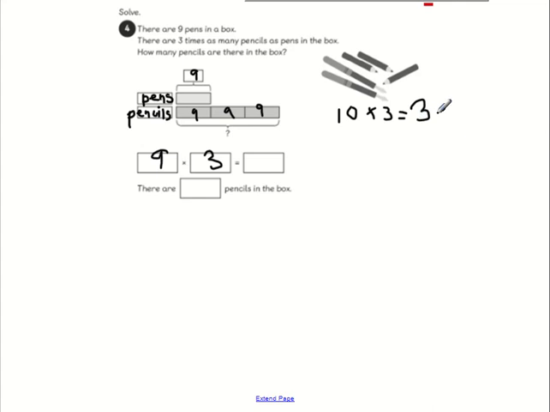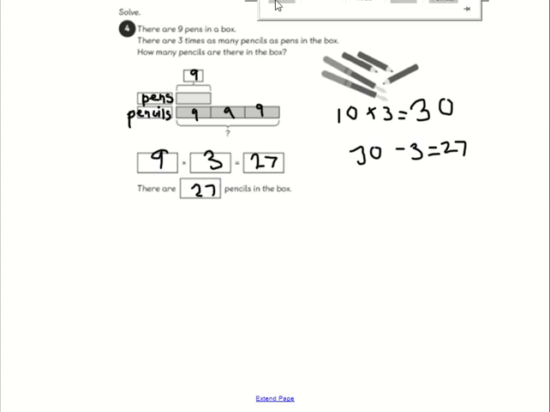And then you could take away 3. So 30 take away 3 equals 27. And that's your answer, which means there are 27 pencils in the box.